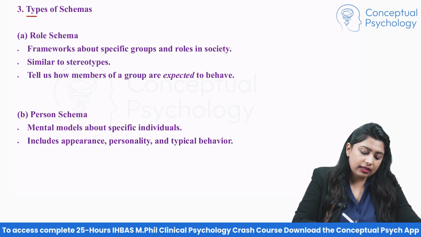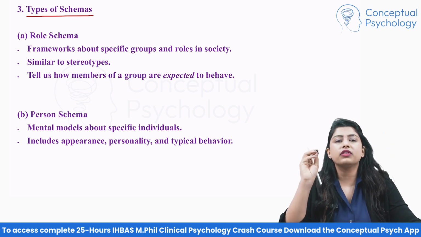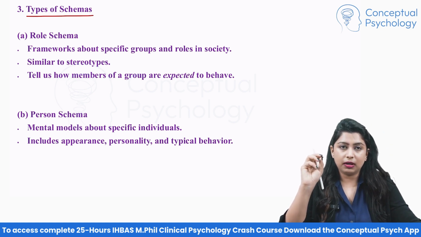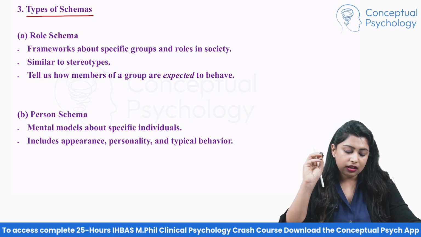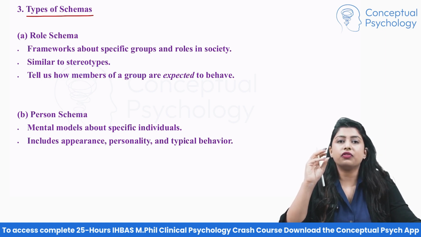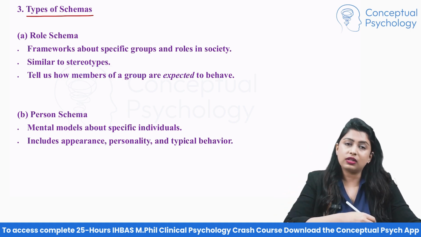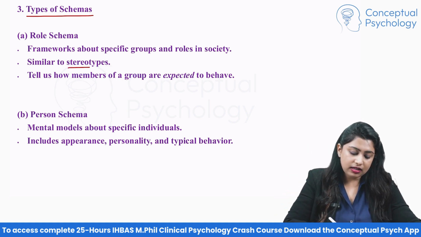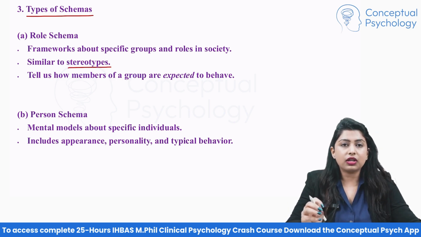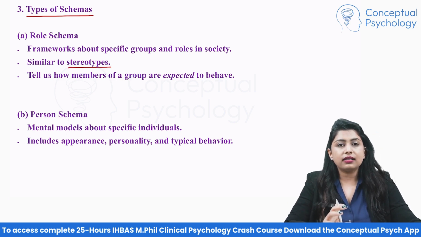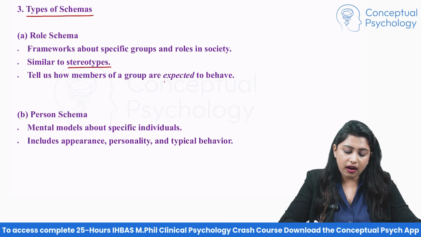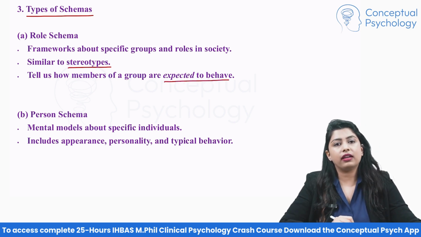Talking about the type of schemas, the very first one is the role schema, where these give us the frameworks about specific groups and roles in the society. These are similar to stereotypes. They tell us how members of a group are expected to behave.